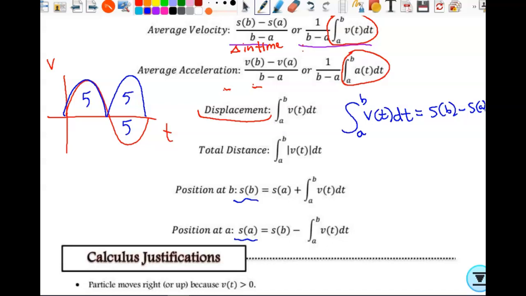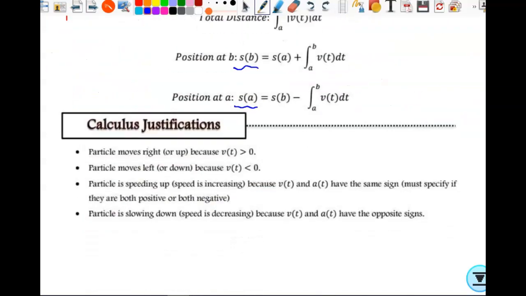All right, and I can use this same concept here, guys, to find a final velocity or an initial velocity. Final velocity would be the initial velocity plus the change in velocity. How would I find change in velocity? By integrating the rate of change in velocity, which is acceleration. All right, so guys, calculus justifications.